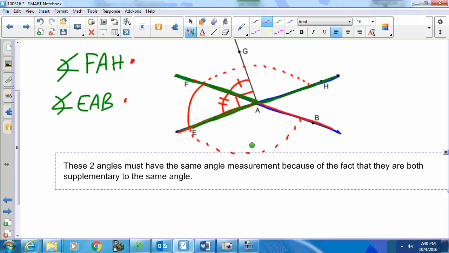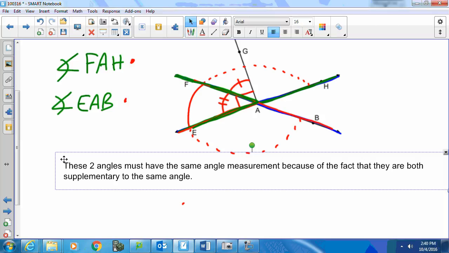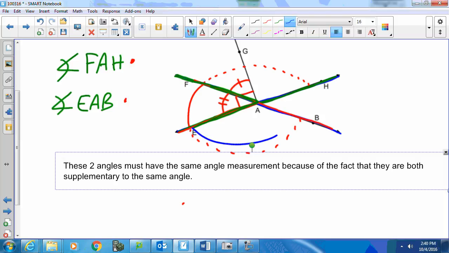And also you can see another thing. Well, what do you see about this angle and this angle? If you try to ignore this line that's going out, you basically have this, and you have this.